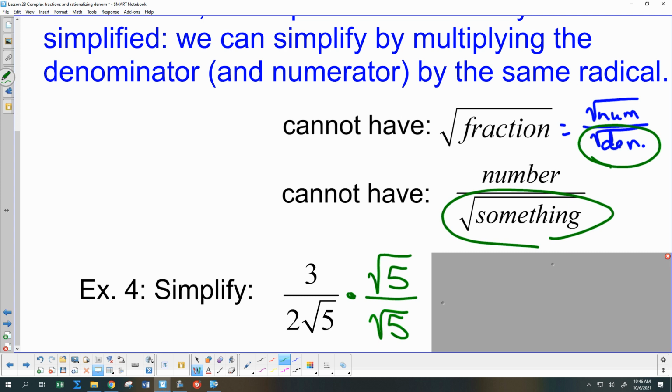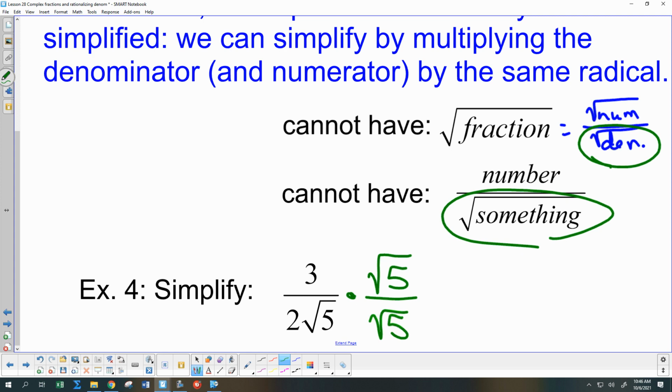It'll be okay to have one in the numerator. Again, I'm taking the original problem times 1. So I haven't changed the original problem. You must write it both places. I'm going to count it wrong if you just say I'm multiplying by root 5, because that changes the problem. I need to see the root 5 over root 5.